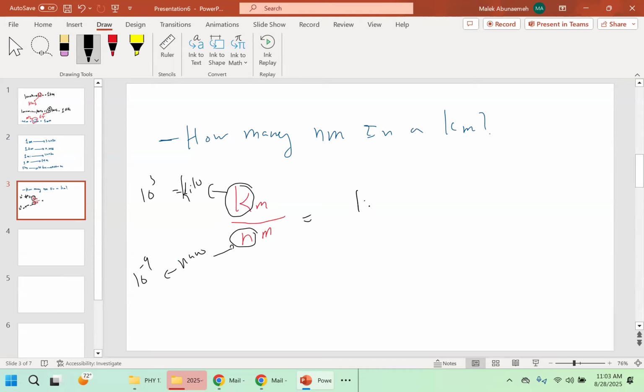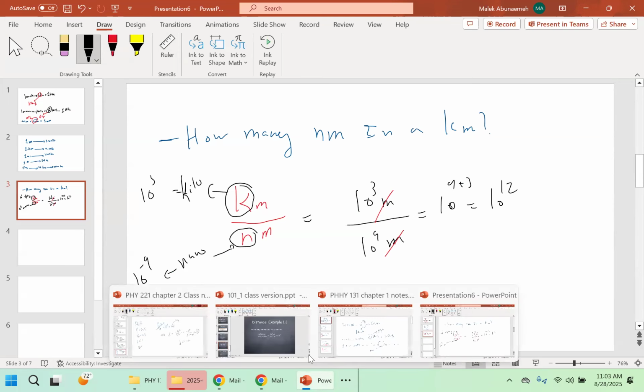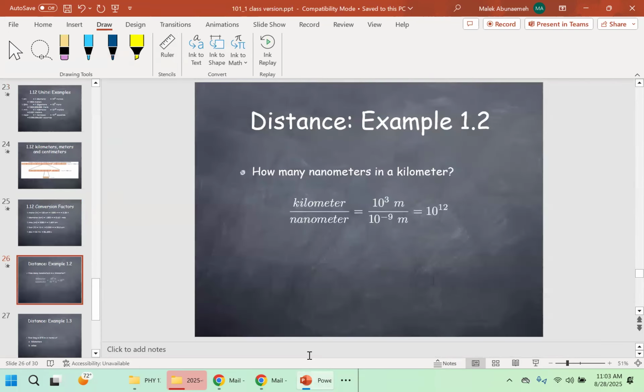So basically what we're talking about is 10 to the 3 meters divided by 10 to the negative 9 meters. Because we have meters on both the top and the bottom, they cancel out. And this is going to equal 10 to the 9 plus 3, which equals 10 to the 12. Let's go ahead and check our answer. Yep, it is 10 to the 12.